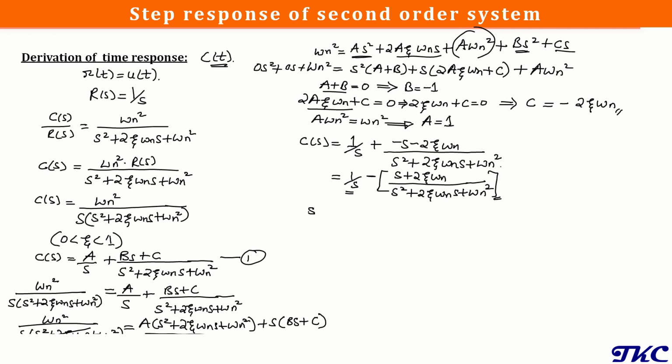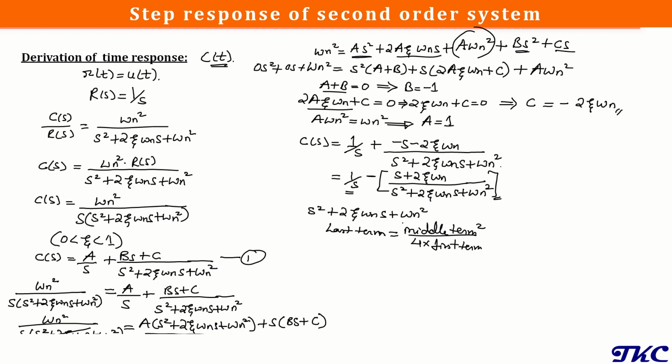Here we have s square plus 2 zeta omega n s plus omega n square. In order to make it a whole square, we can use the trick that we used in our lower classes: the last term is equal to the middle term square divided by 4 times the first term.